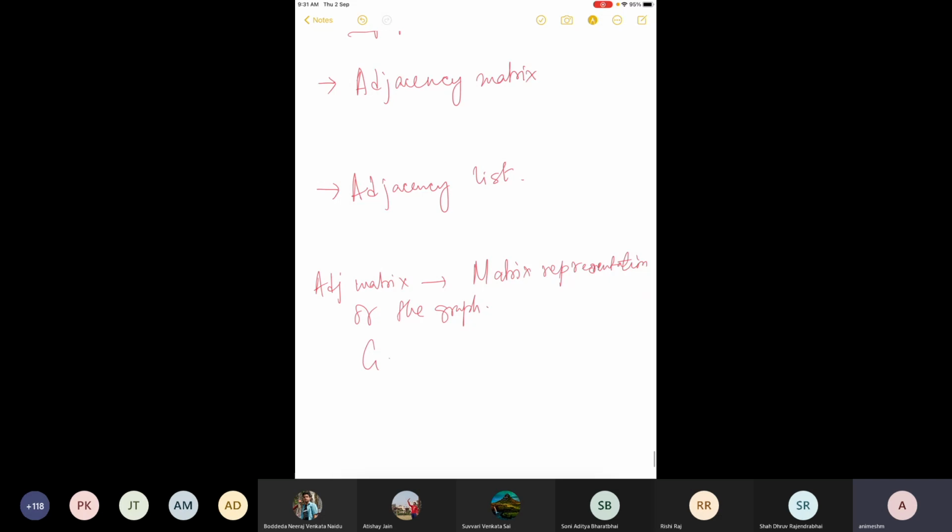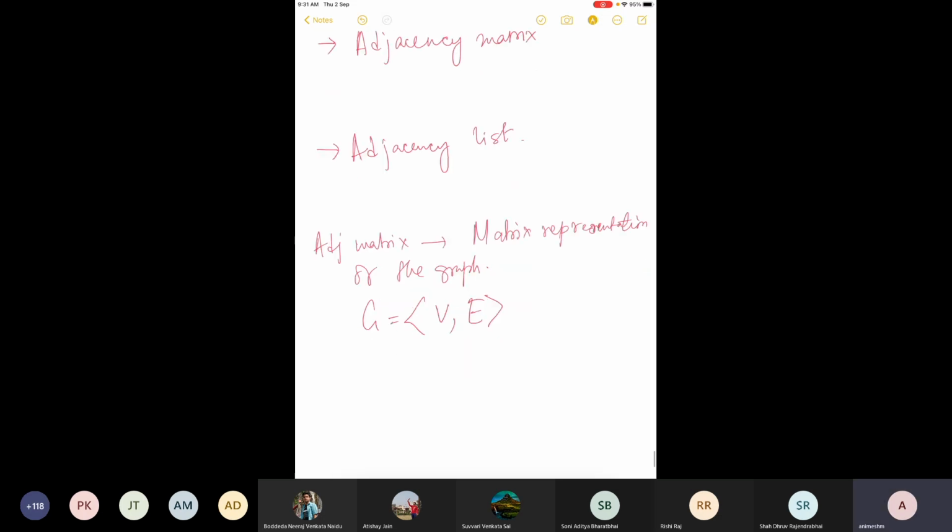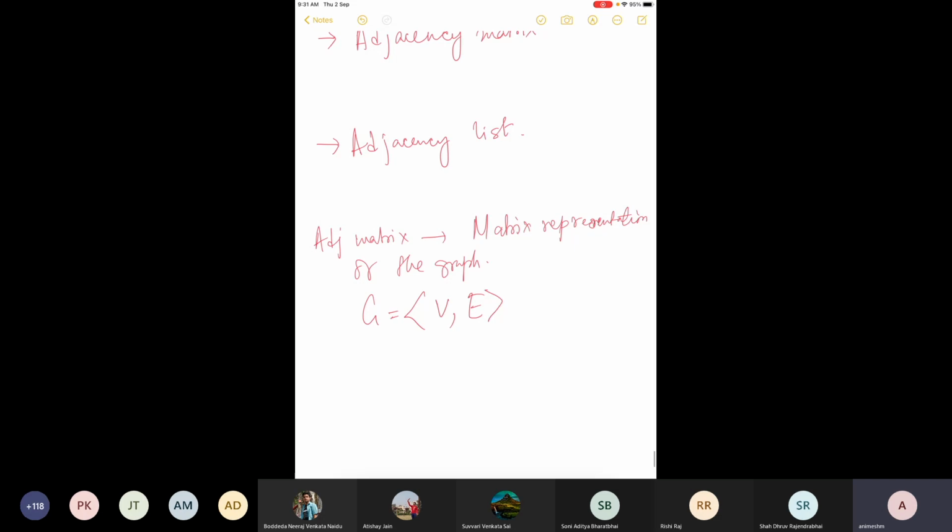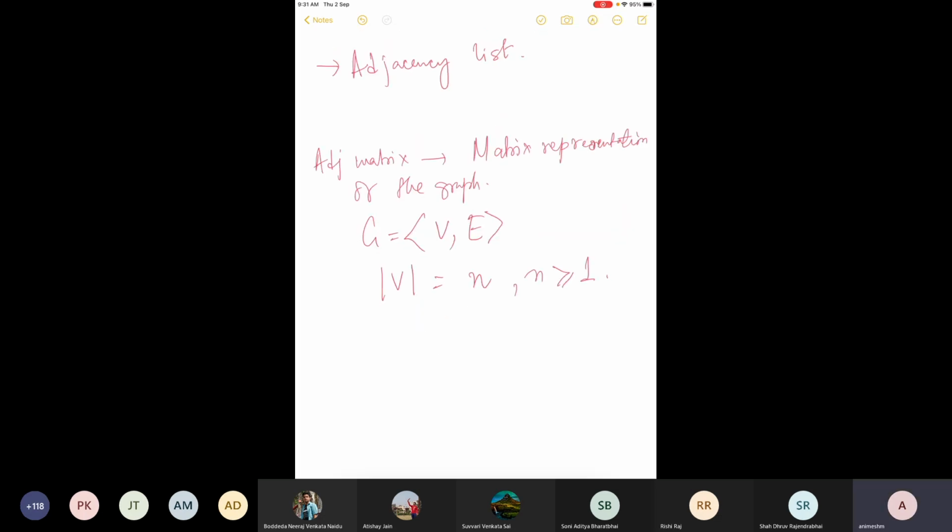Let us say we again have G(V, E) as the graph, and there are n nodes in the graph, where n is larger than or equal to 1.